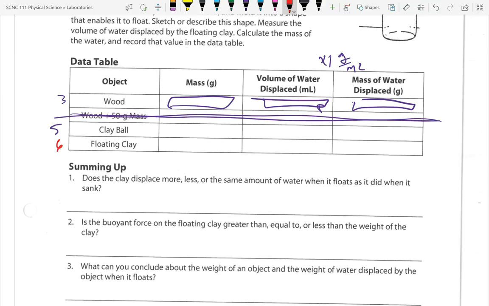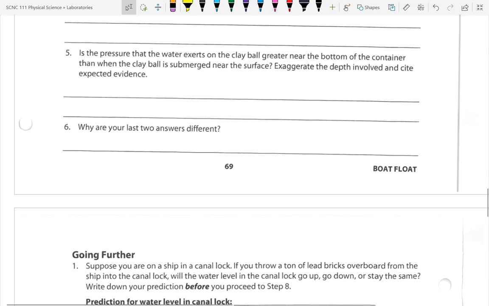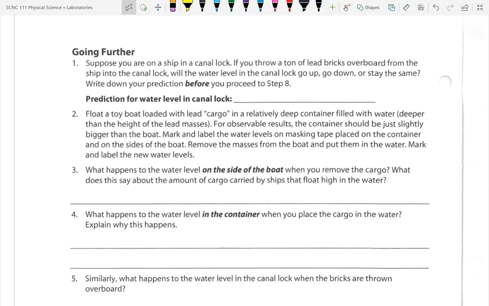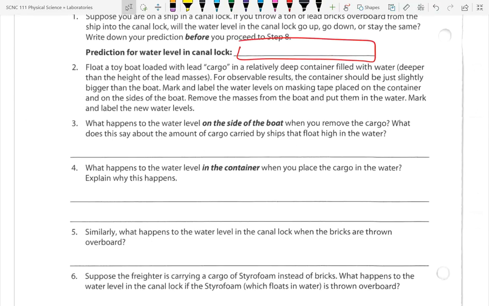All right. Then we have a bunch of questions to sum up what you've done. And then we have going further. Now, the going further has you start with a prediction. And then it says, float a toy boat loaded with lead cargo. What I'm going to do is bring out a basin and a pie tin and some masses.